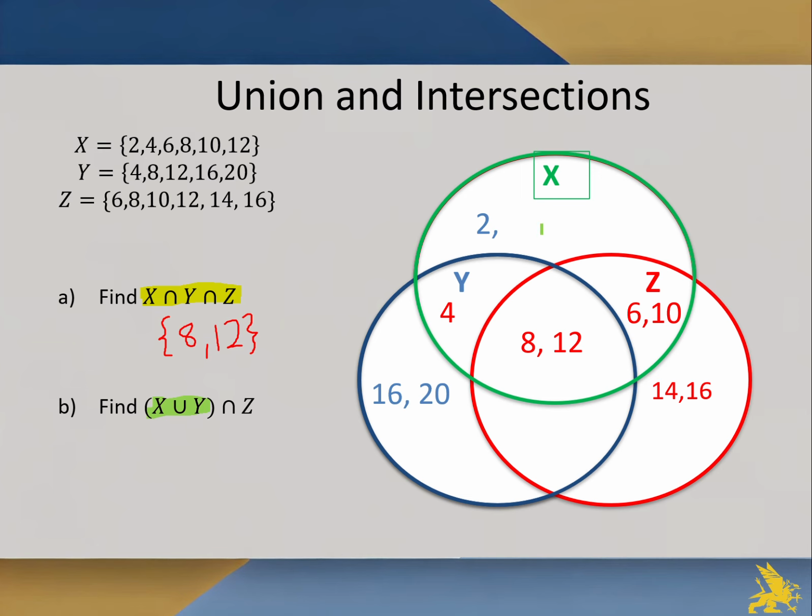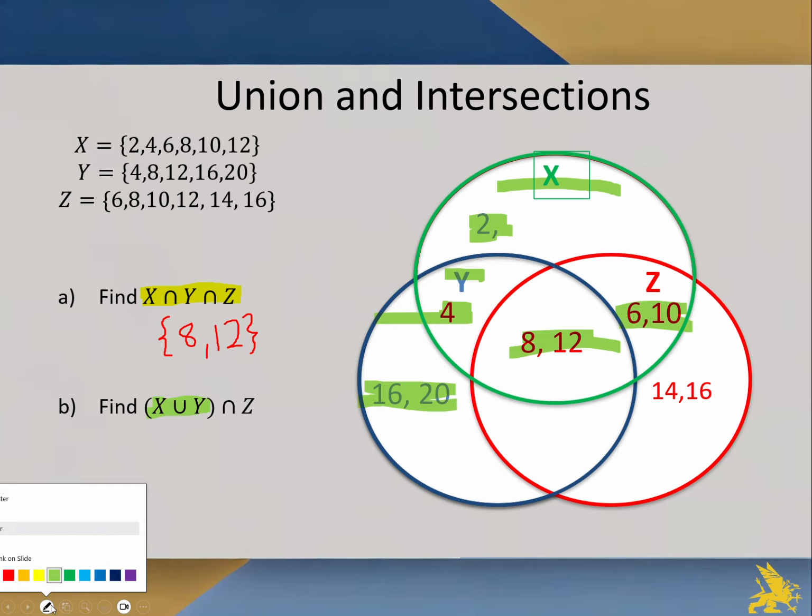So I could have this area here, because this is X, and this area here, because this is X. So those are the only parts I'm caring about. And then I've got or Y. So at the moment, I've got everything highlighted except for this. It can't be this part.